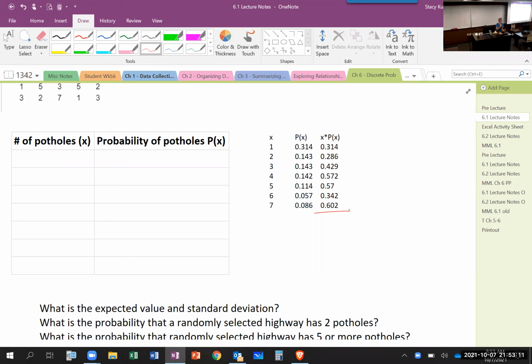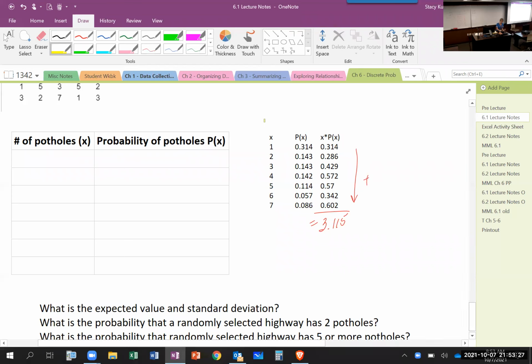Two point five five one. 3.115. Yeah, that's good. 3.115. That's what we get when we add straight down, right?